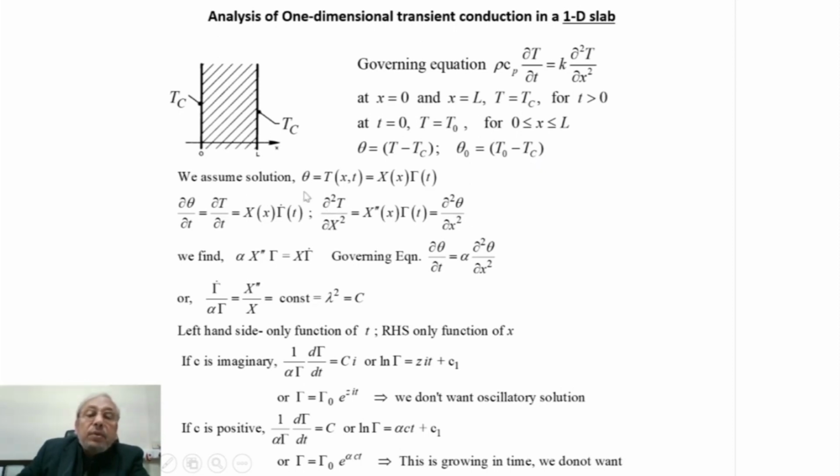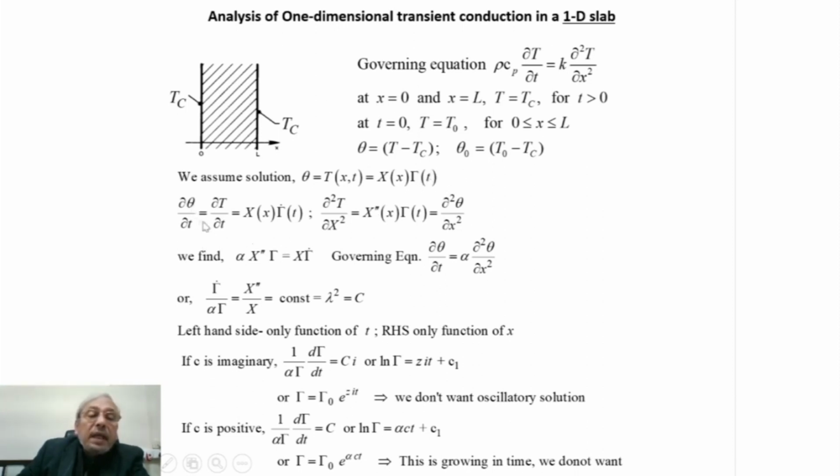We assume the solution theta is a function of x and t. So uppercase X is the solution of the x dependent part, and gamma is the solution of the time dependent part.